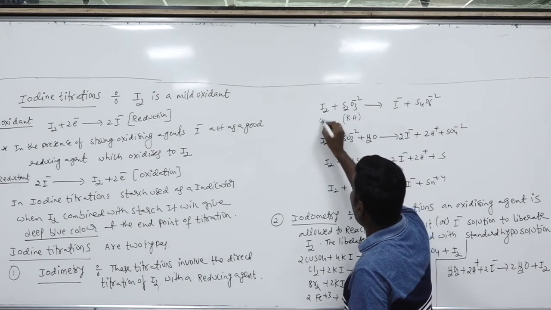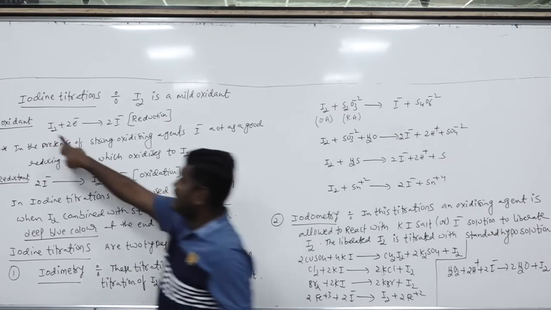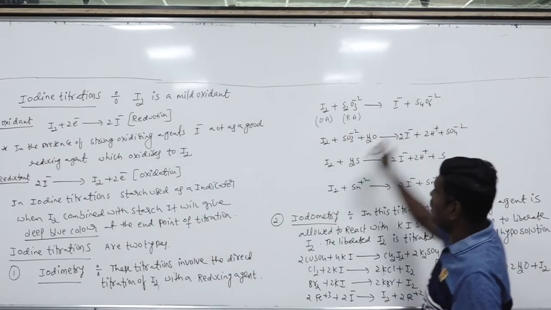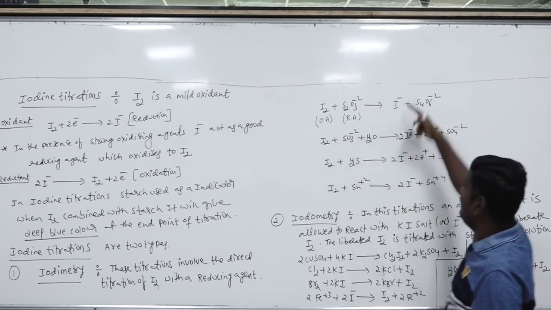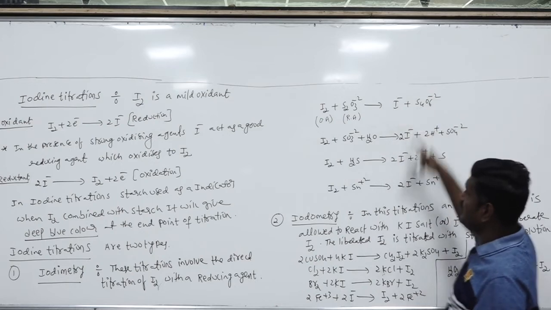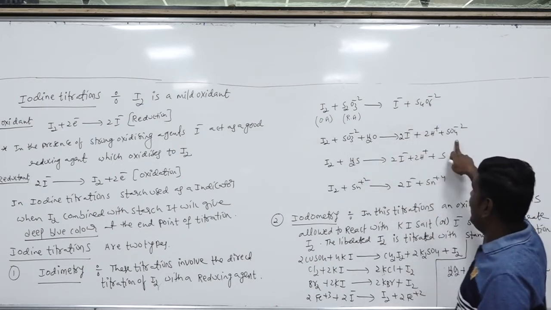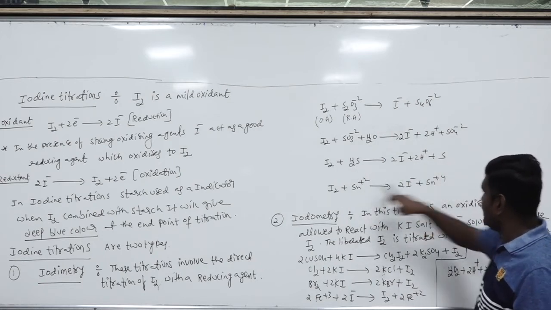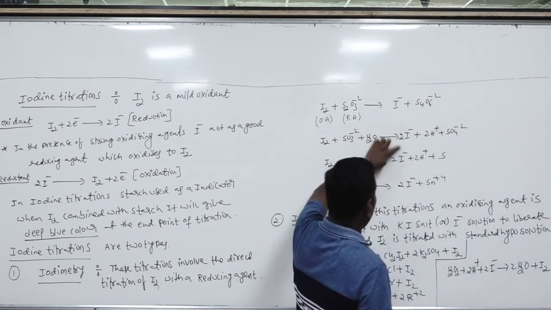Iodine acts as a good oxidizing agent. So directly we are using iodine with a suitable reducing agent, in which iodine gets reduced to iodide ions. Thiosulfate gets oxidized to tetrathionate, hydrogen sulfide gets oxidized to sulfur, stannous ion gets oxidized to stannic ion, where I2 gets reduced to iodide ion.